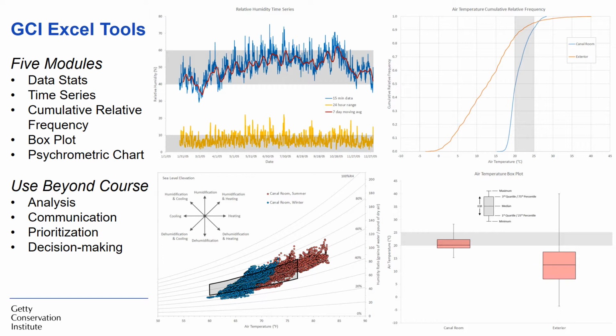Finally, plotting of the data on a psychrometric chart allows one to examine the T and RH data together, while connecting data that is outside of your specified conditions with potential psychrometric strategies to bring these parcels of air within your target zone. These tools gained traction with the course participants upon return to their home institutions, and I myself use them often to quickly examine environmental data.